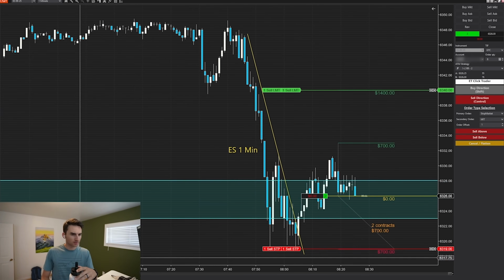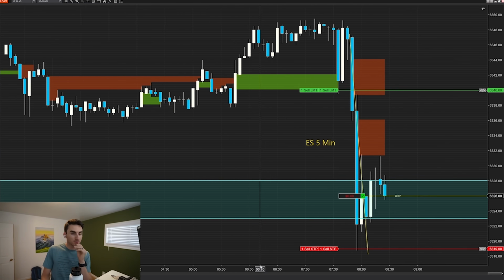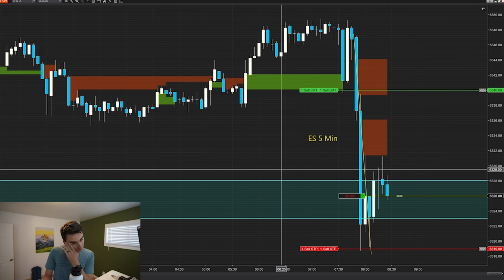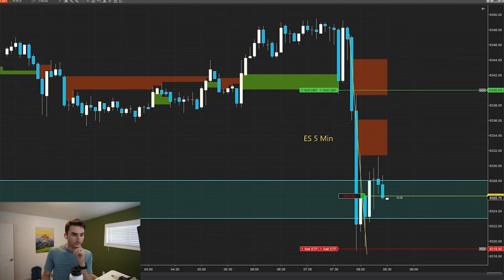I will say this does not look great. Part of me wants to move my stop up here, take the risk off, because we haven't had a fast bounce.